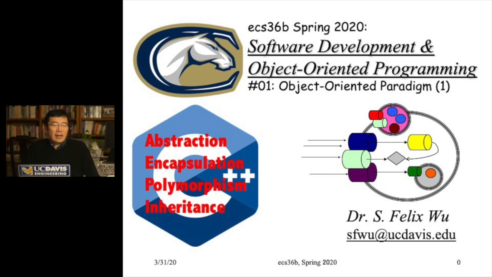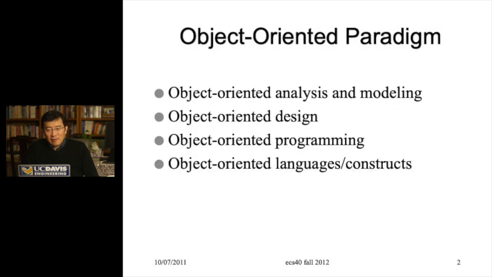You might have heard about several terms that started with the prefix object-oriented. For example, object-oriented analysis and modeling, object-oriented design, object-oriented programming, or object-oriented programming language or object-oriented language construct.